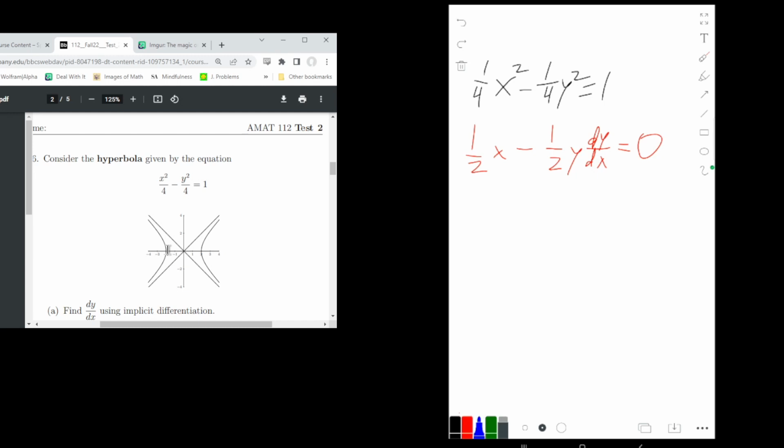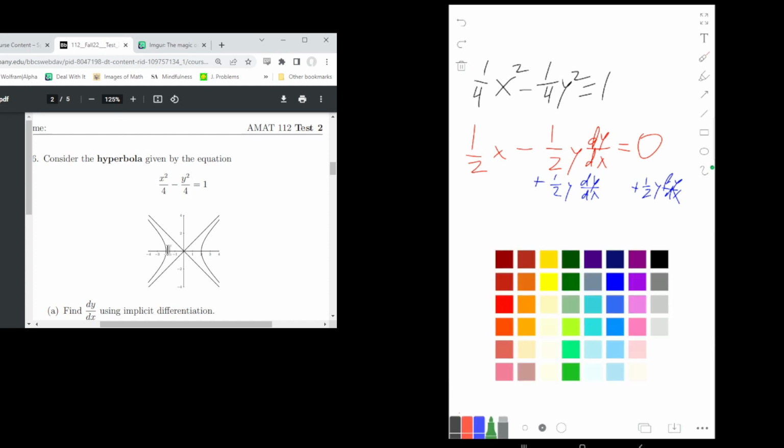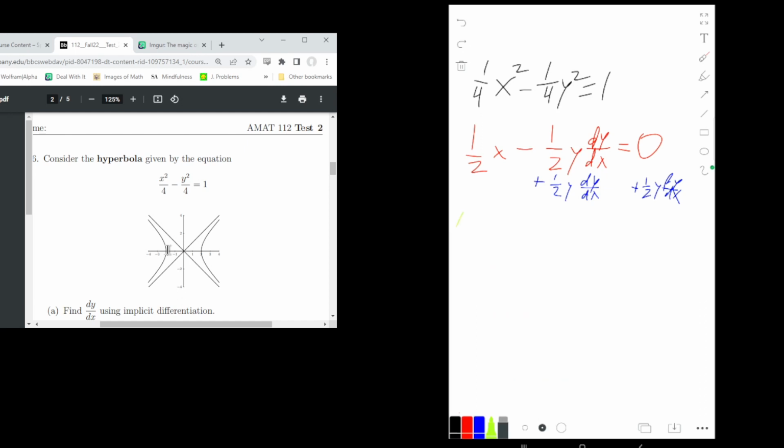Now we add 1/2 y dy dx to both sides. And then multiply what remains by 2 on each side, and this way the 1/2 and the 2 will cancel.